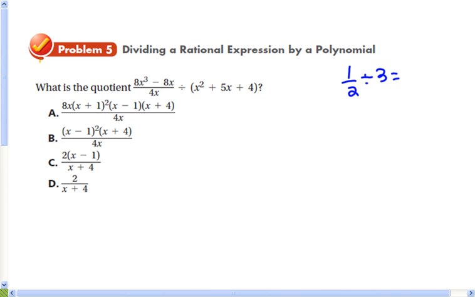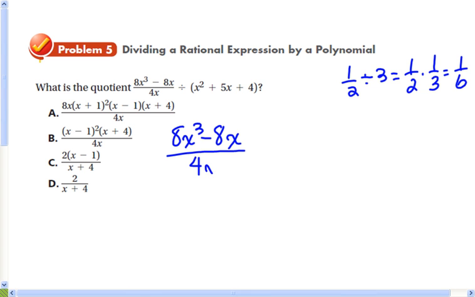What I would do is 1/2 times 1/3, which is 1/6. So that's what I'm going to do here. I'm going to take 8x to the third minus 8x over 4x, and multiply by the reciprocal of the quantity x squared plus 5x plus 4, which is 1 over the quantity x squared plus 5x plus 4.